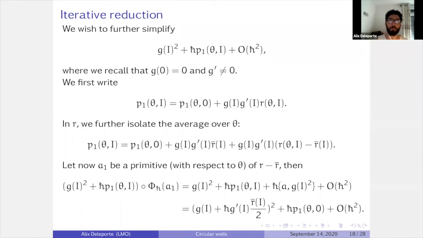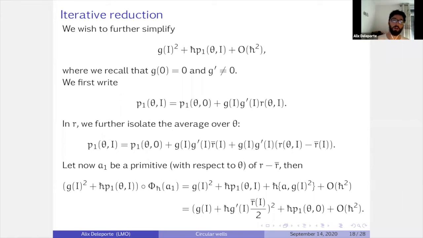Okay, the zero term P0, we already simplified it. So you apply your first angle action theorem, and you find that you have your function g squared plus h times something P1. And here g of 0 is 0, and g prime is now equal to 0. First, we isolate the value at I equals 0 in P1.